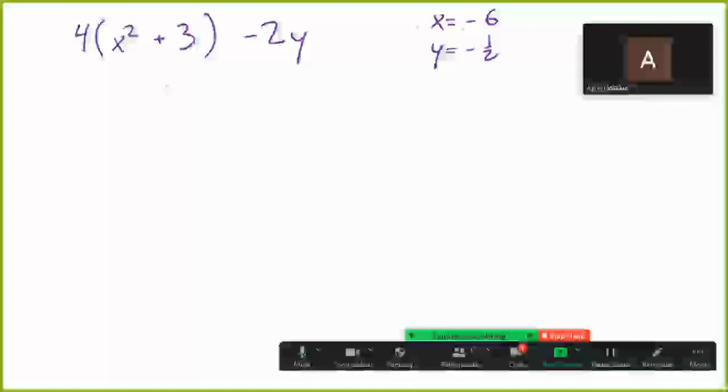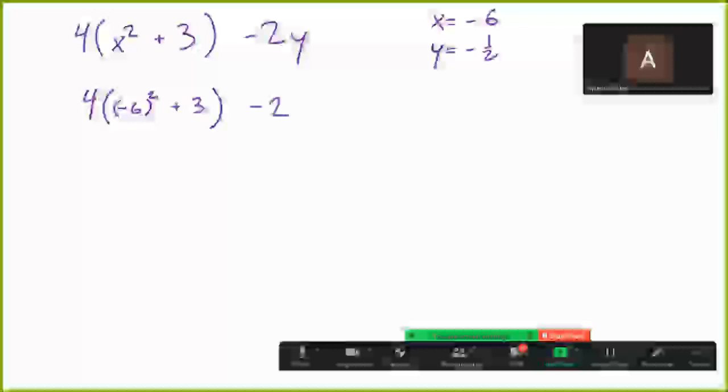So a lot going on here. Let's start by plugging in. And remember, plug in means substitute. So I'm going to switch out x with -6. And I'm going to switch out y with -1/2. Now, I used extra parentheses because the numbers they made me plug in are negative.